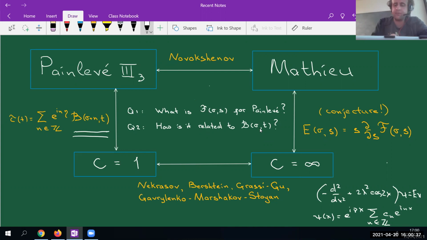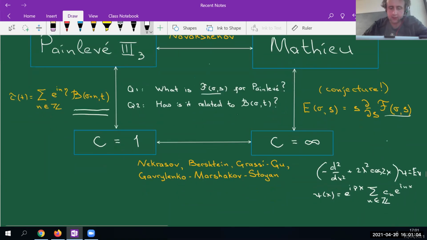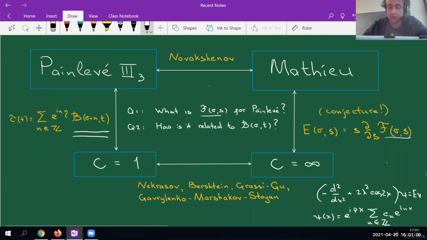Can we express B in terms of F or F in terms of B? In particular, I want to understand what is the accessory parameter function F for Painlevé 3. This is the question that I want to address in the next part.